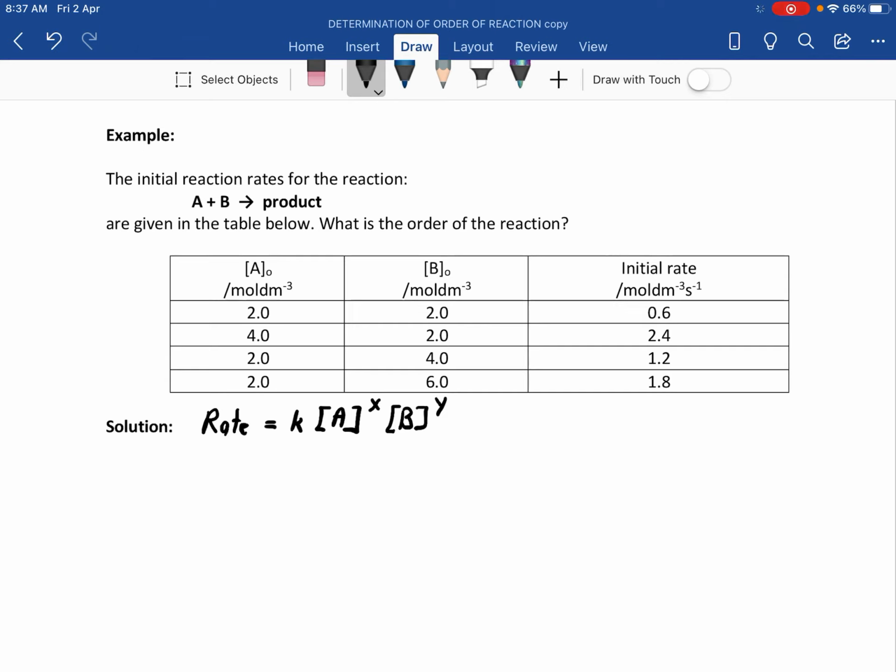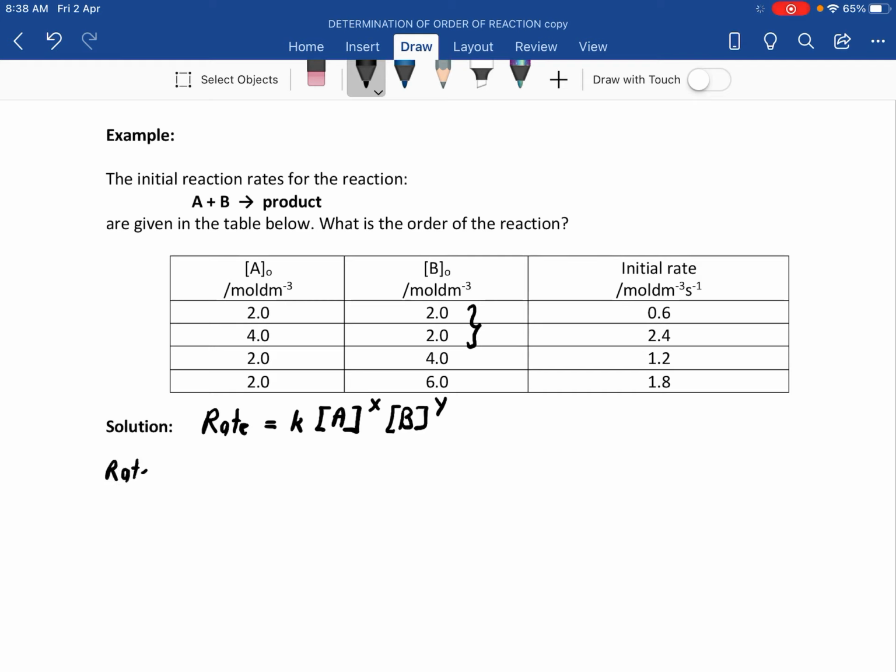If we want to find B, we look for a constant value for A. So let's start with A first. Let's find the value that is constant for B. If we look at the table, the concentration of B is constant at experiment 1 and experiment 2. It has the same value, so we are going to use that.